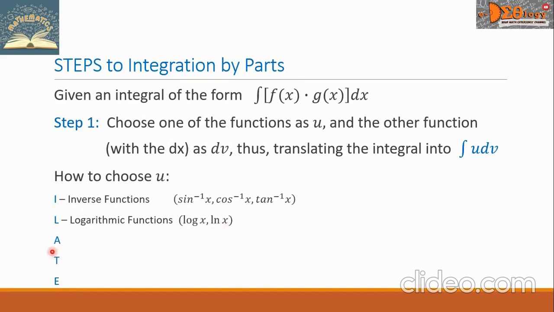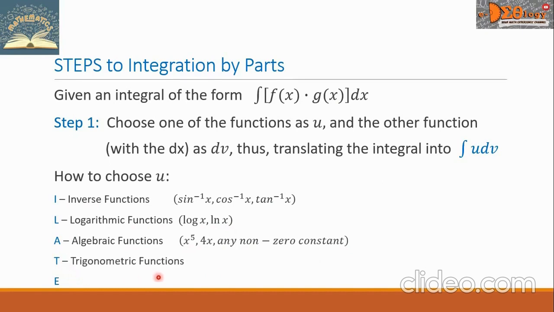The letter A stands for algebraic functions. Examples are x raised to 5, 4x, and any non-zero constant. The letter T here stands for trigonometric functions. We have sine x, secant x, and cotangent x as examples.